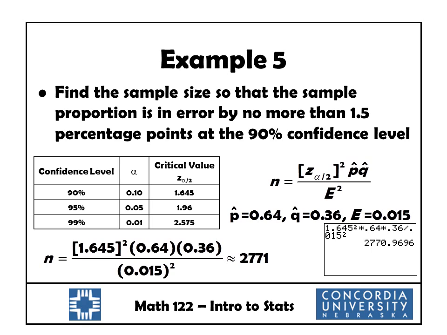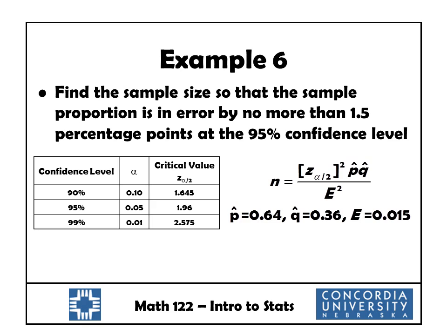And so we plug our numbers in. 1.645 squared, 0.64, 0.36 divided by 0.015 squared. There on the right you see the calculator command. Now whenever we do margin or do sample size, we always want to round up to the next whole number. So we're going to round this up to 2,771. So in order to get this margin of error, I would have to survey at least 2,771 college students.